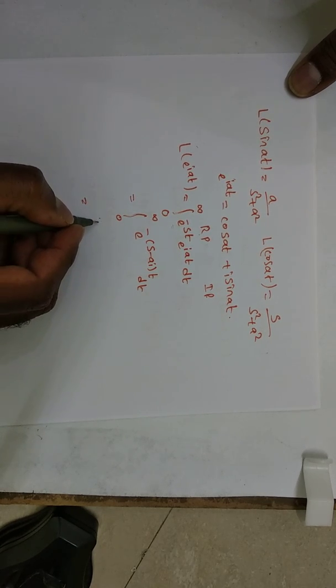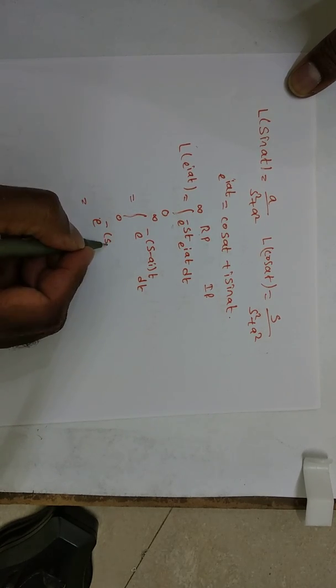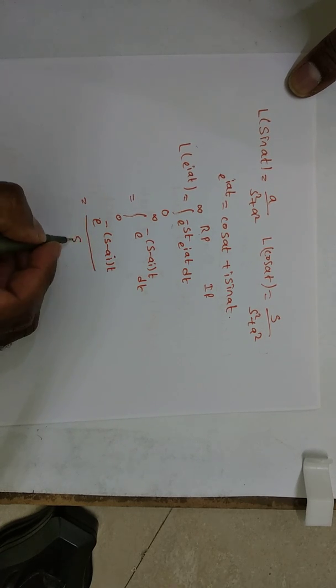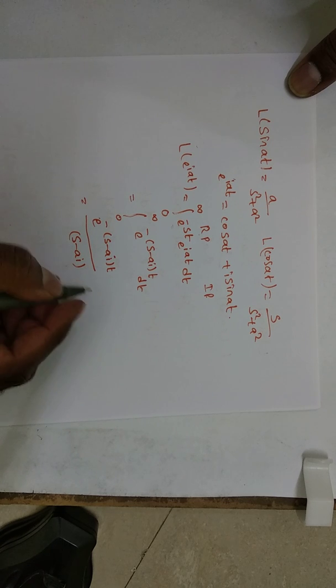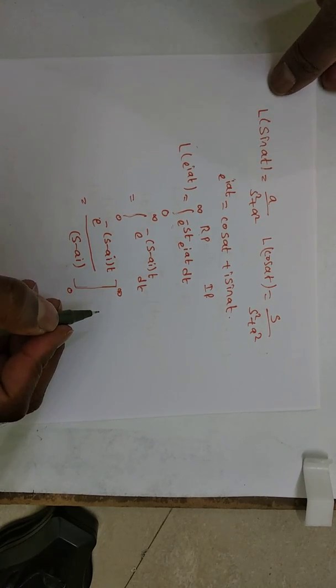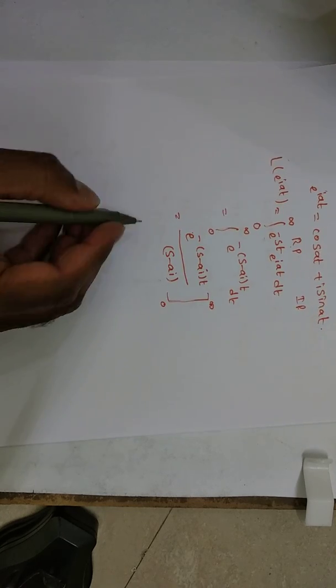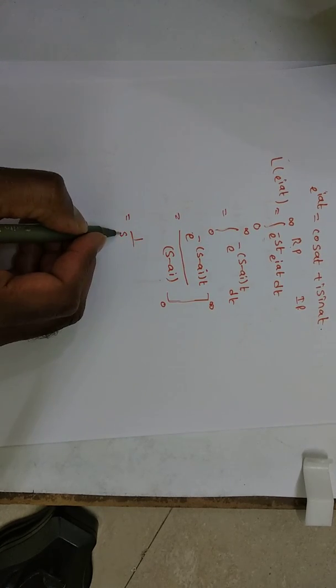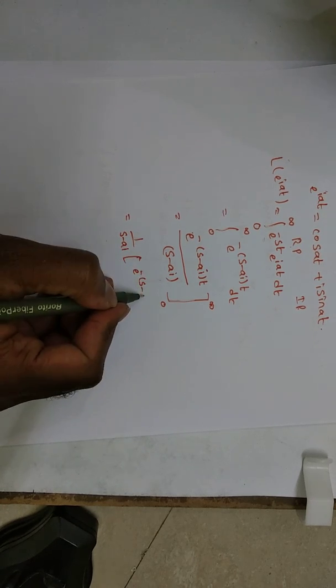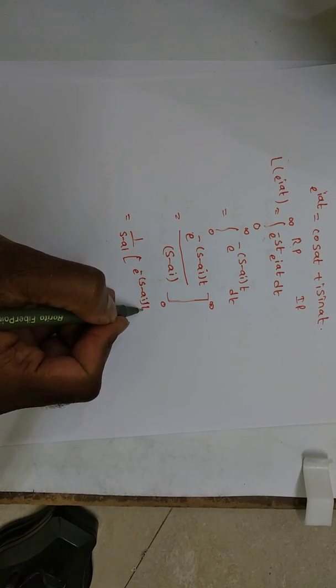Integral of e power minus (s minus ai) t is e power minus (s minus ai) t divided by minus (s minus ai). Now apply the limits 0 to infinity.